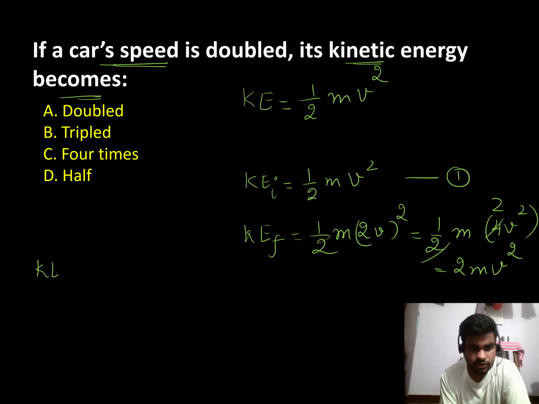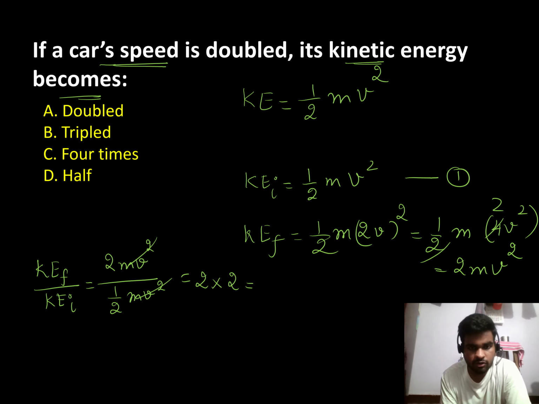So let's take the ratio KE final upon KE initial. This is 2 mv square and the initial is half mv square. mv square gets cancelled and the denominator goes to the numerator, becomes 2 into 2. So it is 4 times.